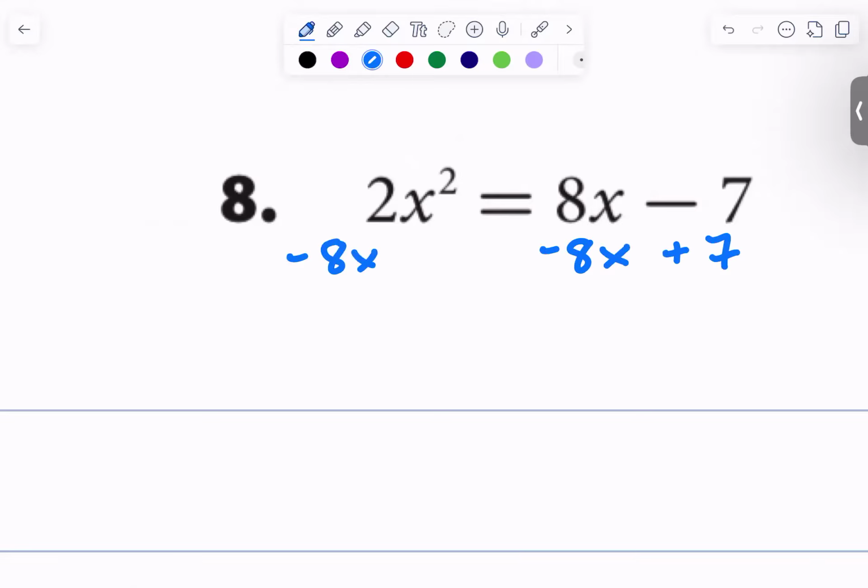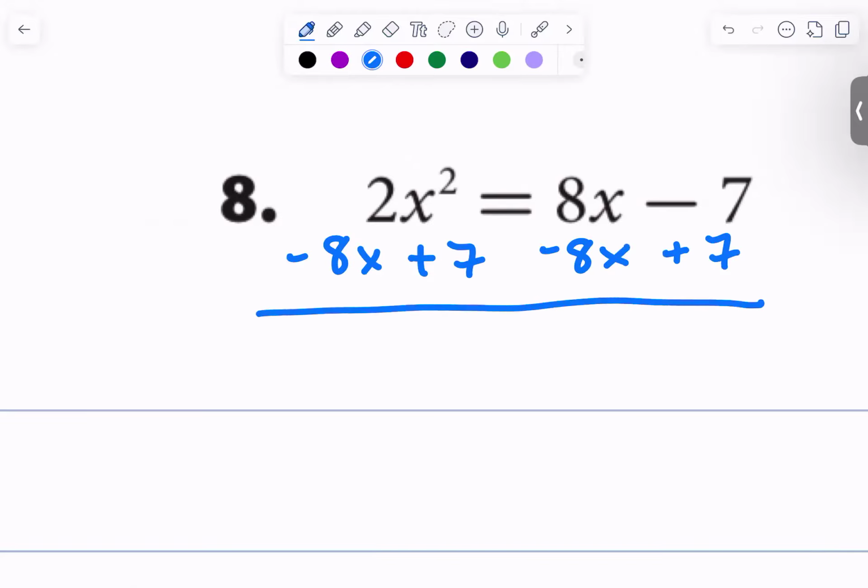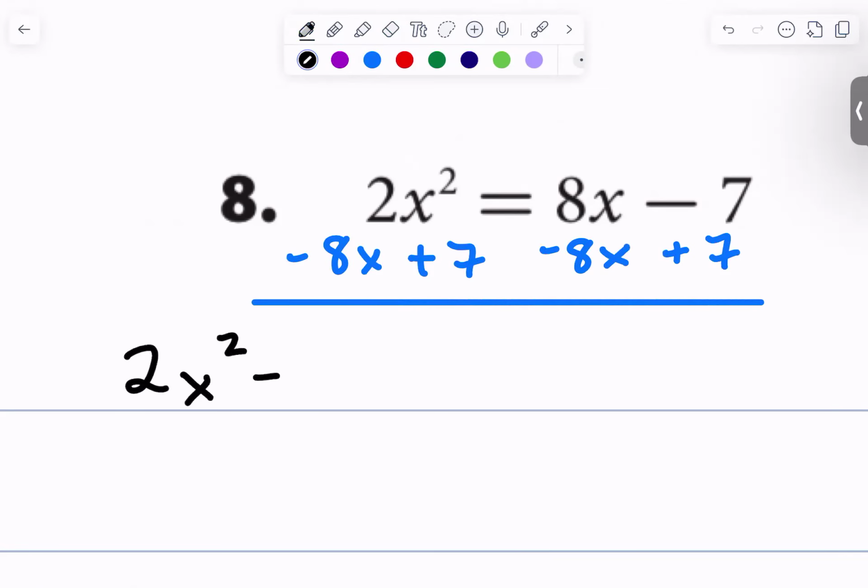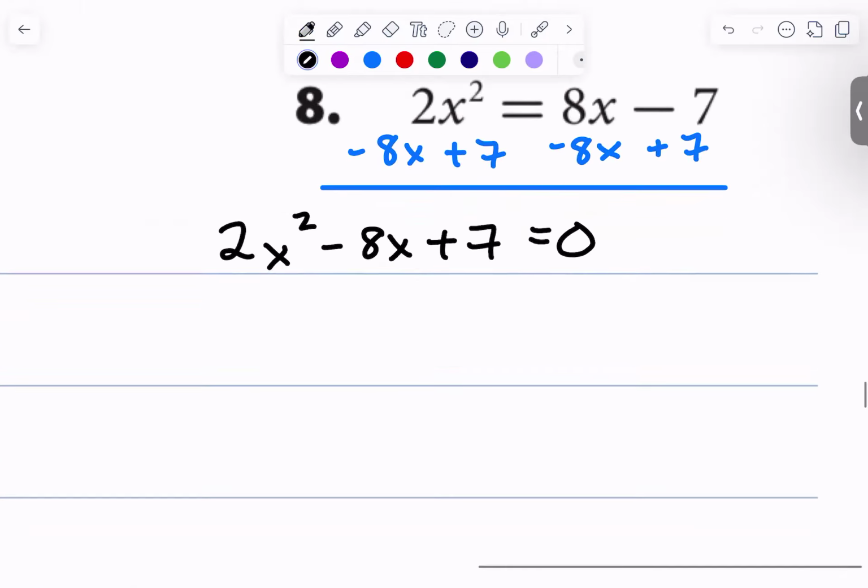I'm going to try my hardest to make that x squared value positive. Okay, because that's a good habit to get into. So that's 2x squared minus 8x plus 7 equals 0, right?